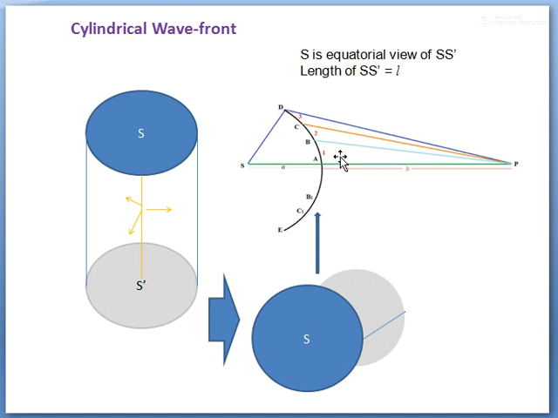Okay, so at point D, the mth strip will subtend an angle theta m. So this angle will be theta m. And the length of this SS prime will be L.